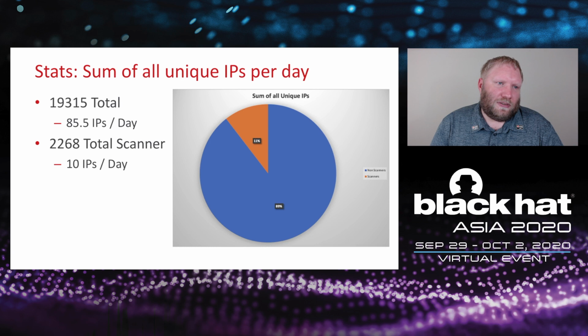On the previous slide, if 1.1.1.1 connected to us just once, that would be counted in that 8,900 amount. So what we see here is about 85 unique IPs per day, and about 10 unique scanner IPs per day, from all different types of sources. We see Shodan, a few other ones that are out there.